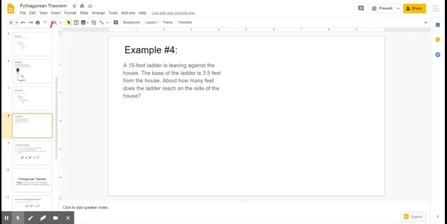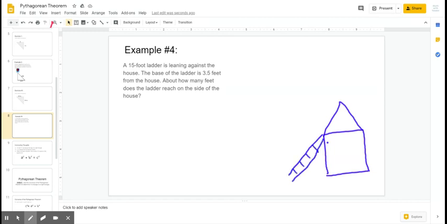So I am going to draw a picture of this house and ladder so that we have a better idea of what we're talking about. So here is my beautiful drawing of my house. And here is my ladder. And here is the ground.